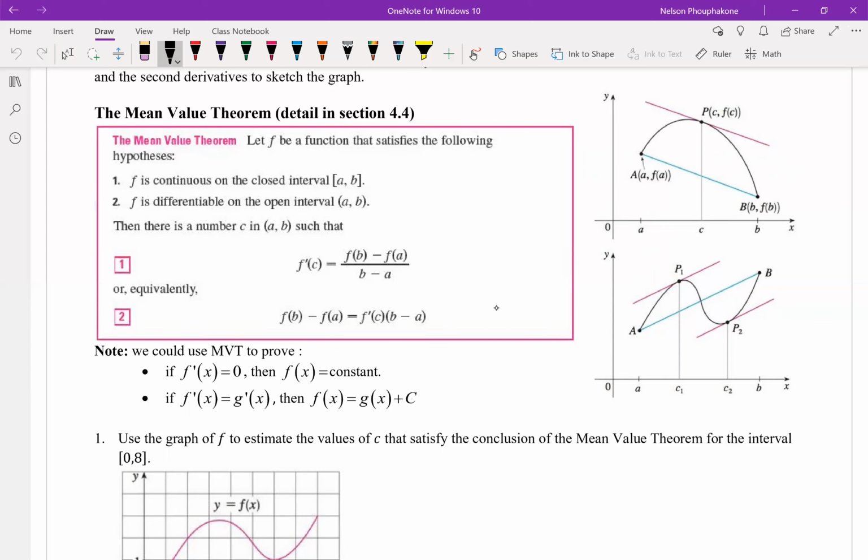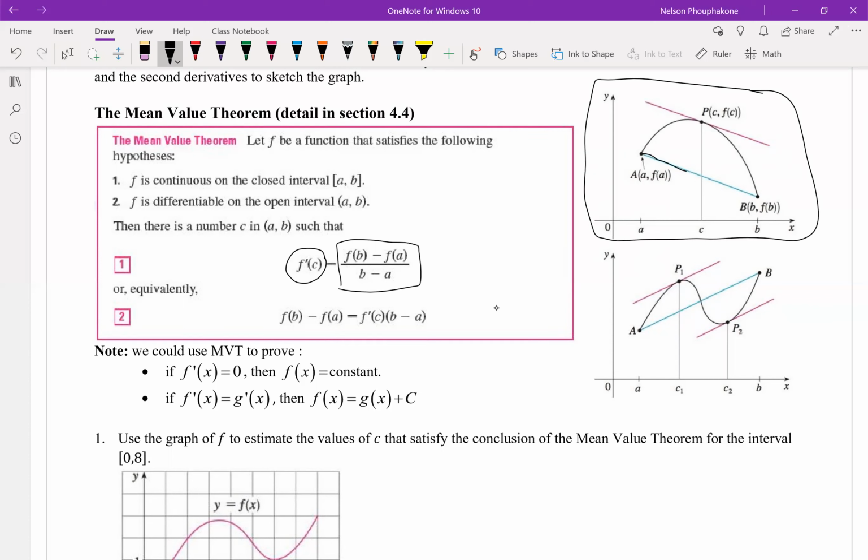Of course, this is the average rate of change on the interval between a and b. And now we can talk about what happens in between. Let us look at this picture. This is the slope of the secant line, which is the average rate of change between a and b.